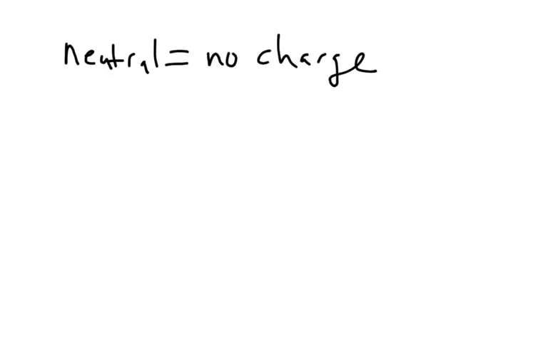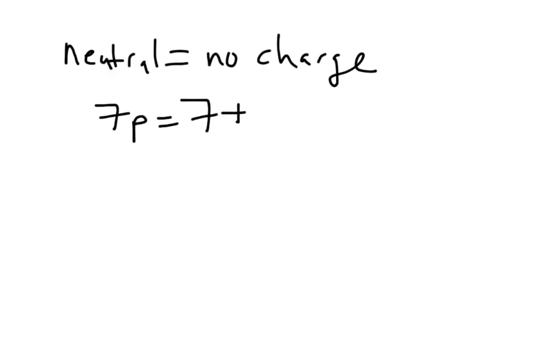For all neutral atoms, which we're going to assume for right now that all atoms on the periodic table are, neutral essentially means that it has no charge. So if an element has 7 protons, that's like having 7 plus charges.